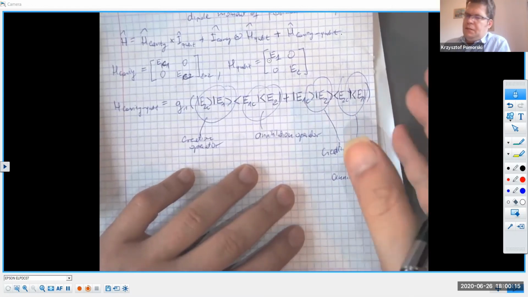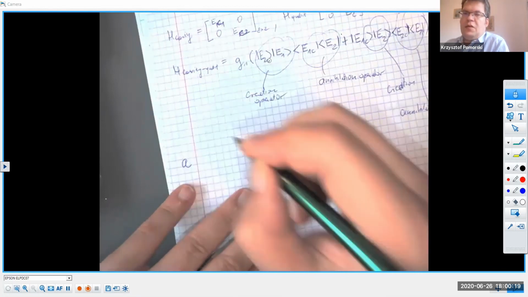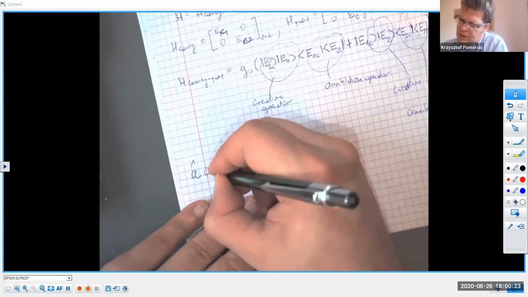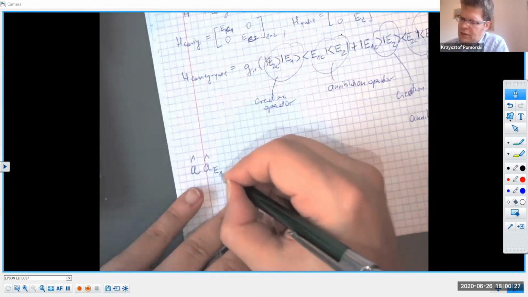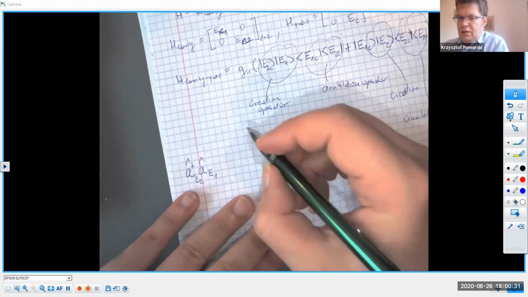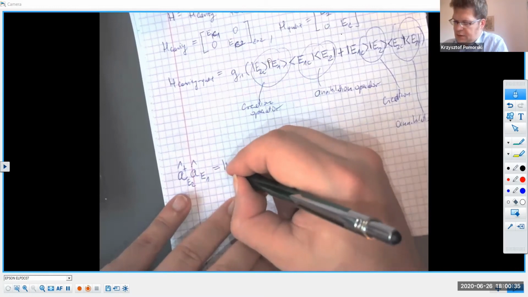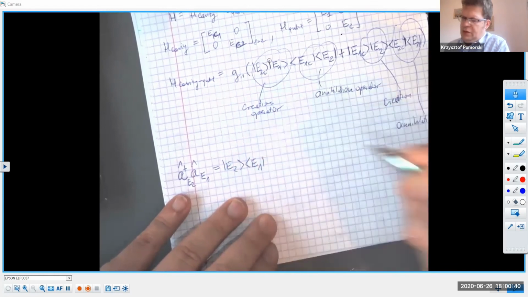Why is that? Because if I want to say that I am destroying, annihilating the state at E1 and creating a state at E2, it's nothing else than this type of representation.